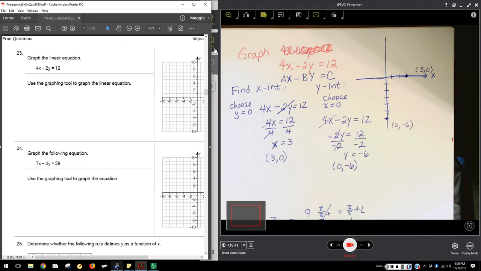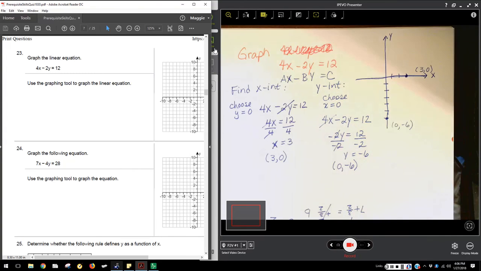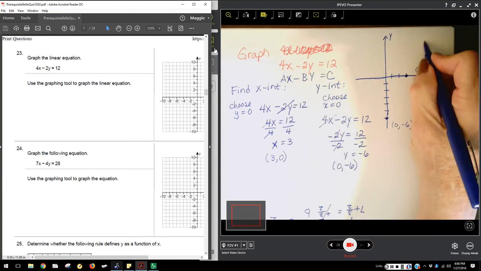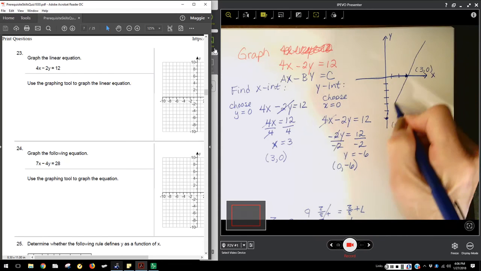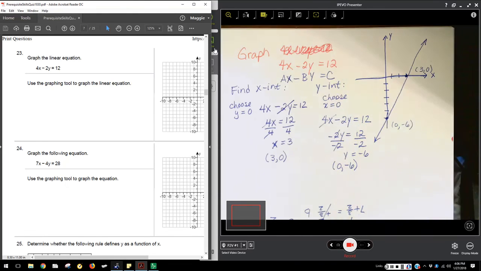So you plot those 2 points. And you get a ruler and you draw a straight line. My ruler isn't handy right this minute. But you draw that straight line, and there's your graph.